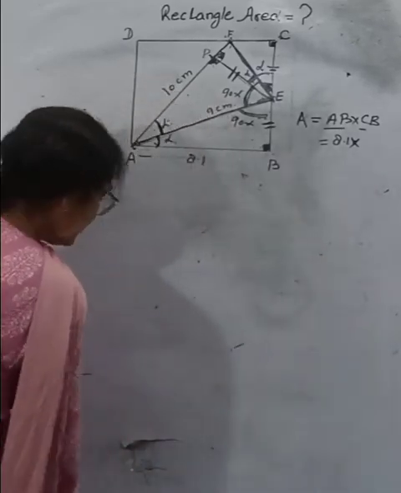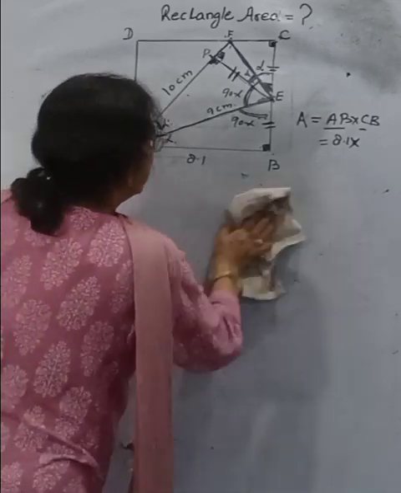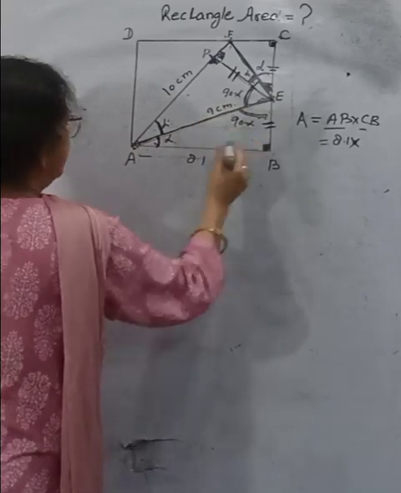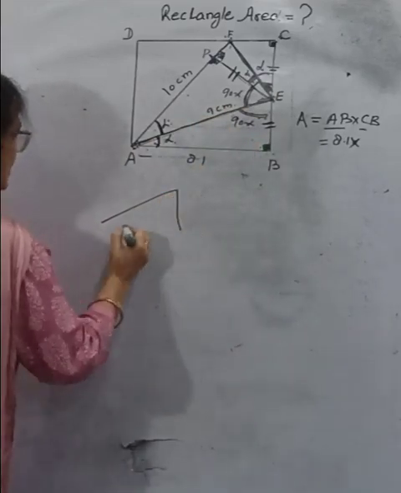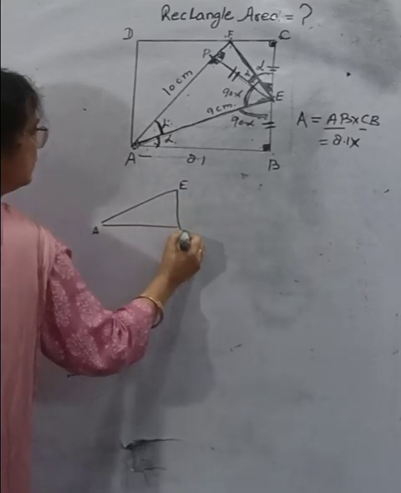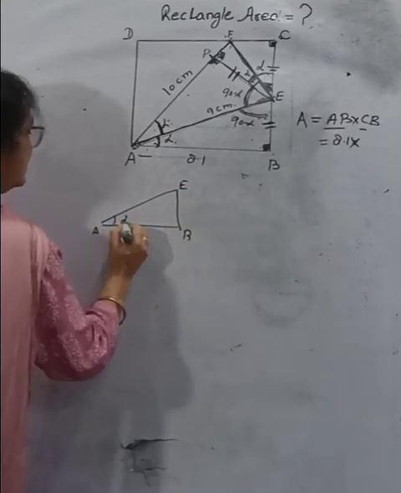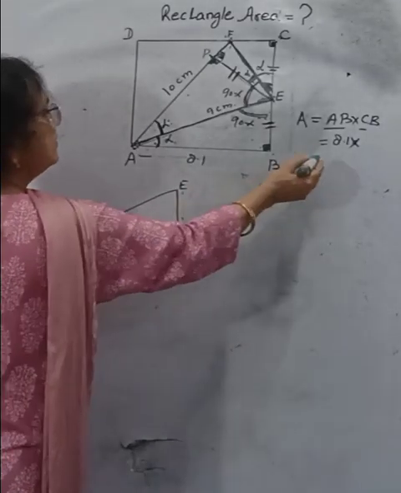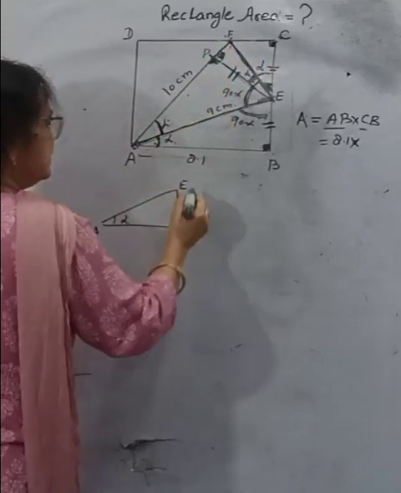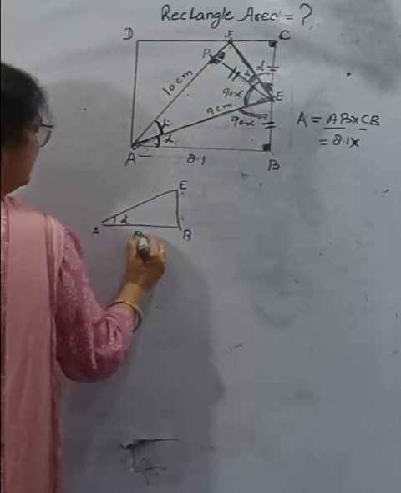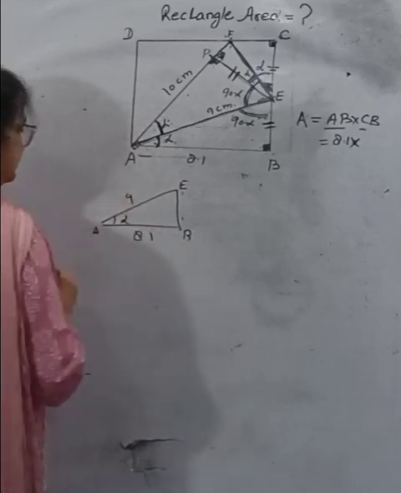AEB is alpha, and this is not known to us. EB is half of CB, so EB can be obtained. This is 8.1, this is 9.